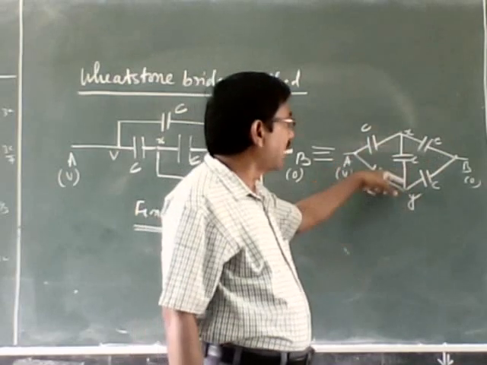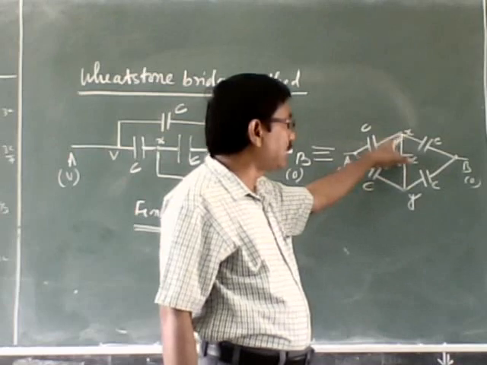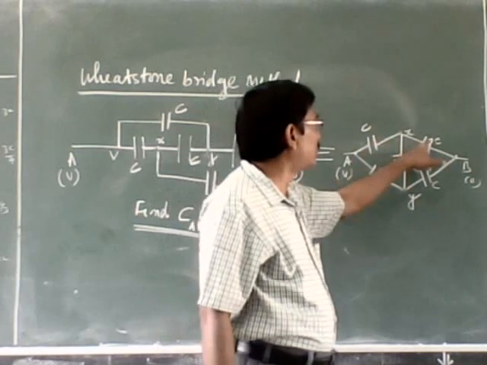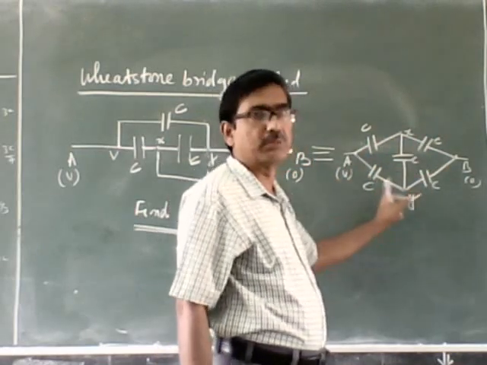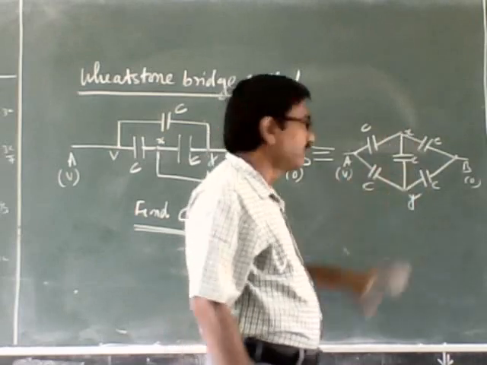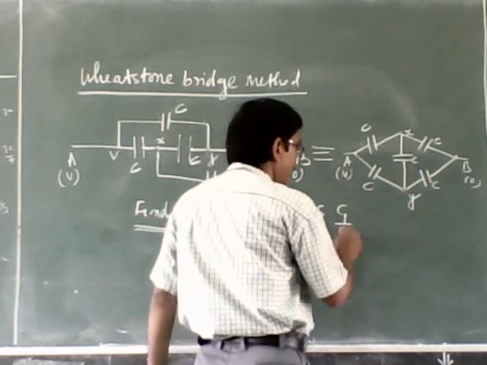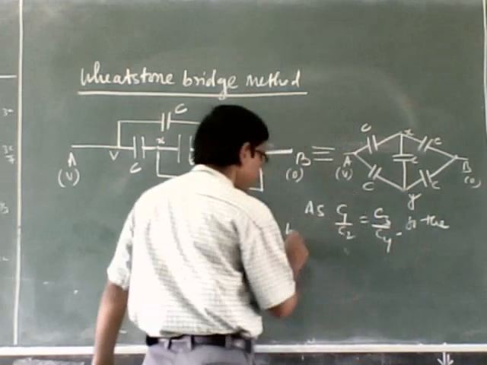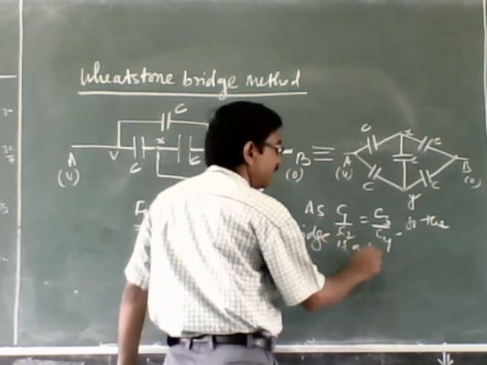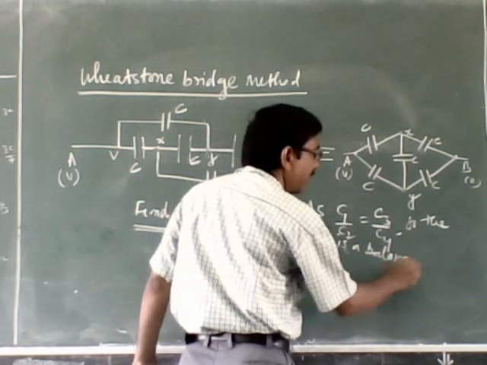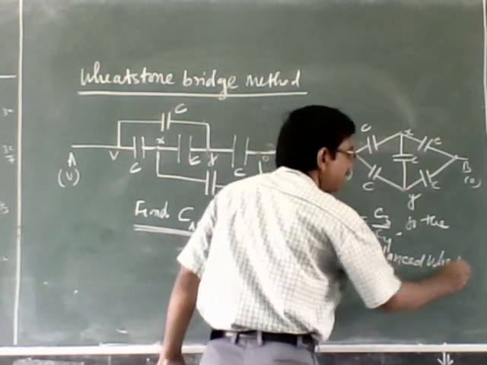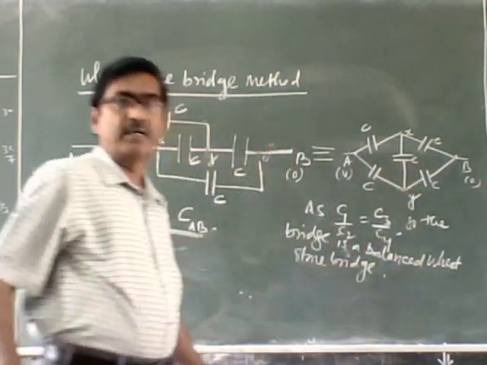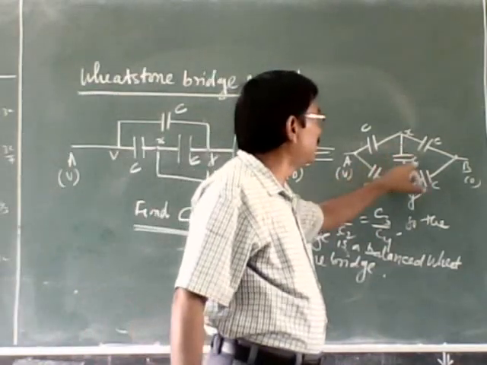And in that case, no charge will pass through this path, meaning the potential at this point and this point will be the same. Here C1 by C2 means C by C is equal to C3 by C4, C by C. So this is a balanced Wheatstone bridge. So there is no need of using this capacitor.